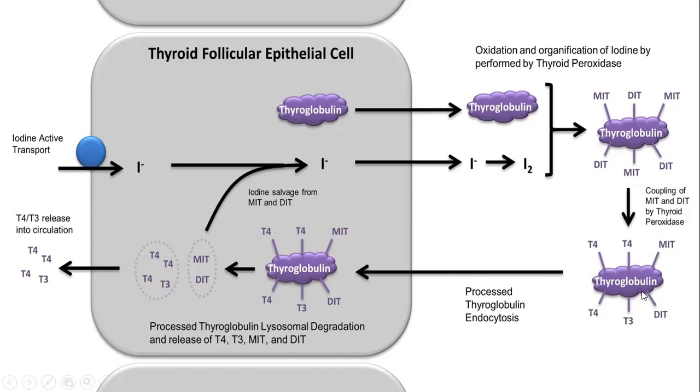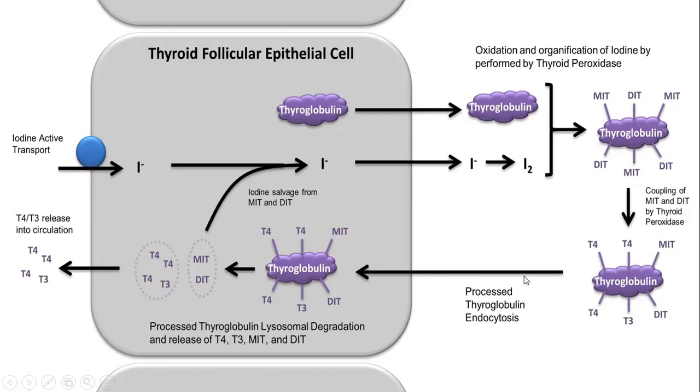Notably, some MIT and DIT residues do not get coupled, and so peroxidase processed thyroglobulin will retain some MIT and DIT residues. So you have T4 and T3 in the thyroglobulin.